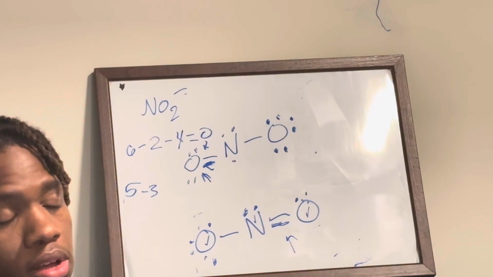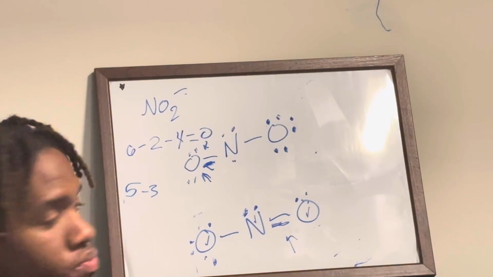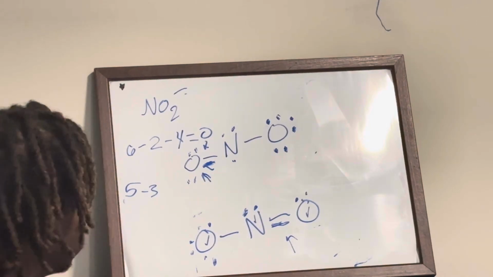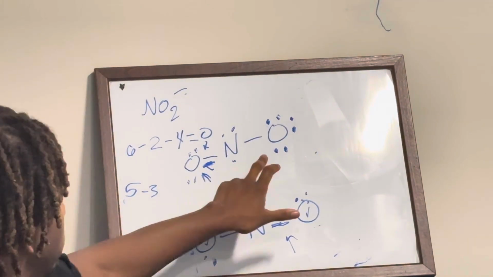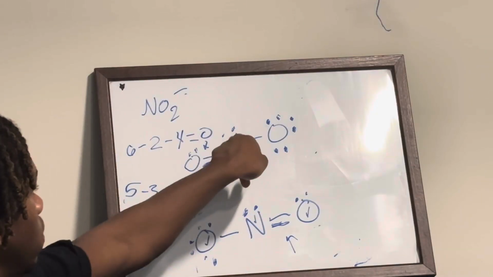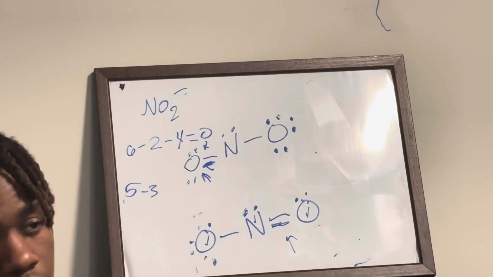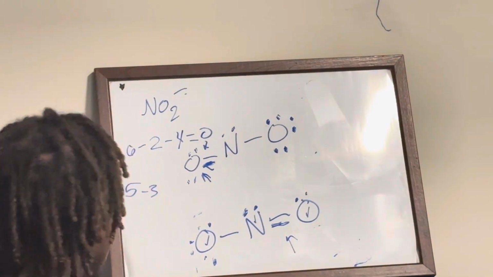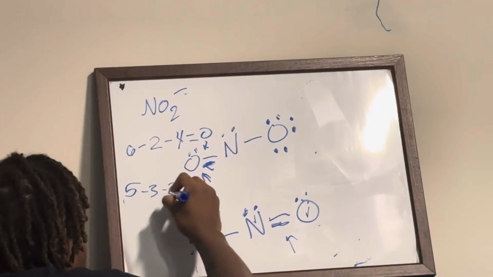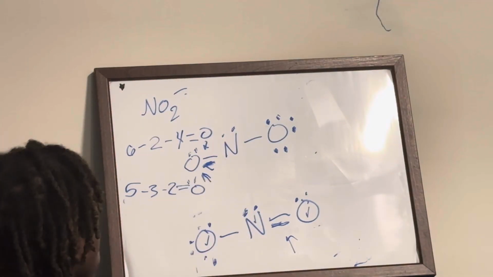Minus lone pairs, which is 2. Which is just 1, 2 electrons, right? This is not an electron, this is a mistake. Just these 2. 1, 2. Those are the electrons. And its octet rule is full. So then minus 2, and that equals 0.